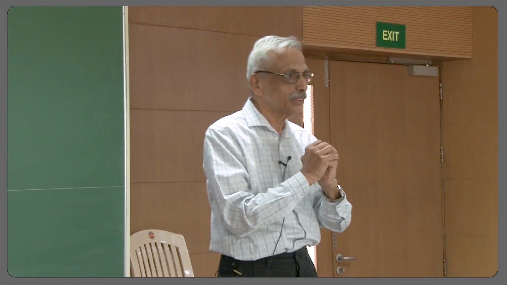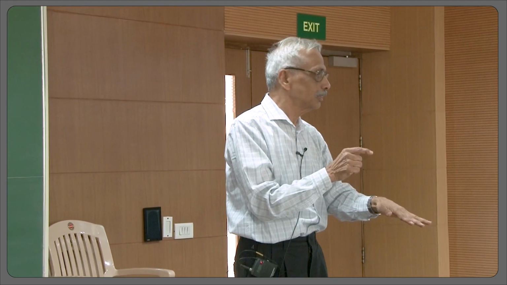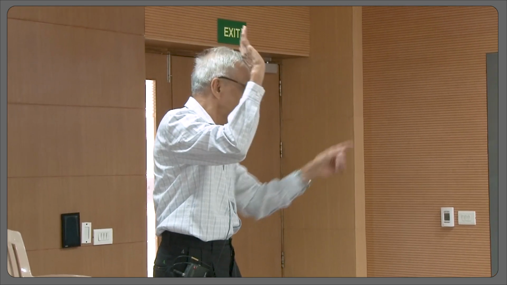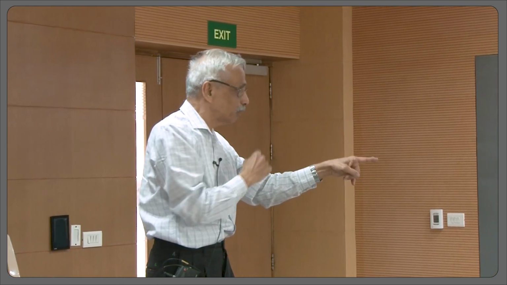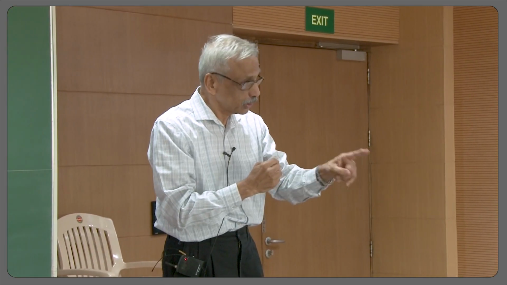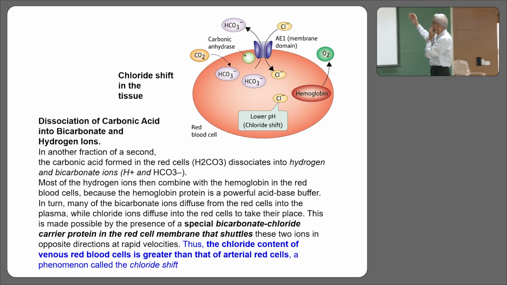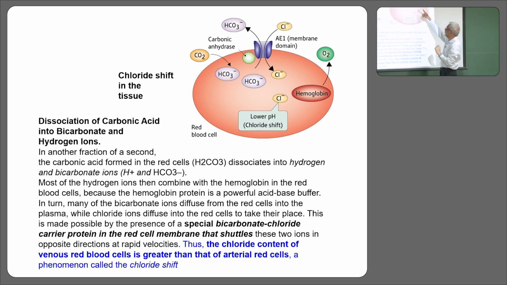The moment it goes towards acidity, the affinity of hemoglobin for oxygen goes down, and oxygen is released. Yet another trick that the molecule shows to ensure that when you are in the tissue, you release the oxygen more rapidly or more readily. Are you getting the argument? Now, how does this happen?